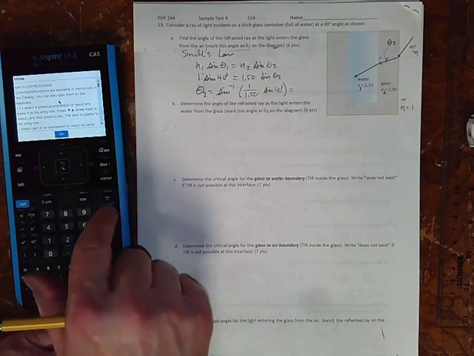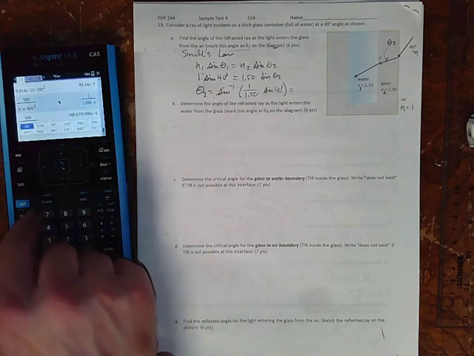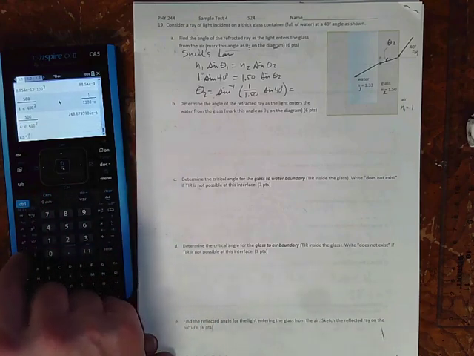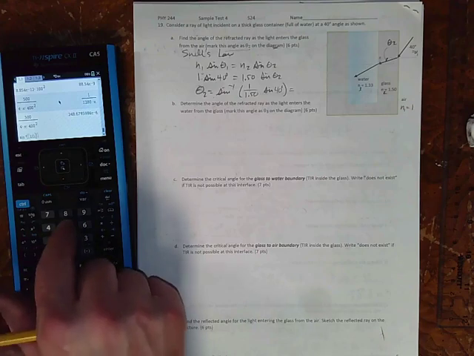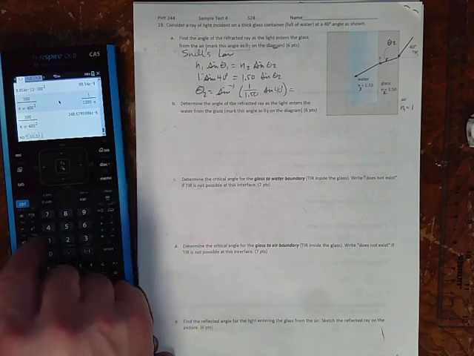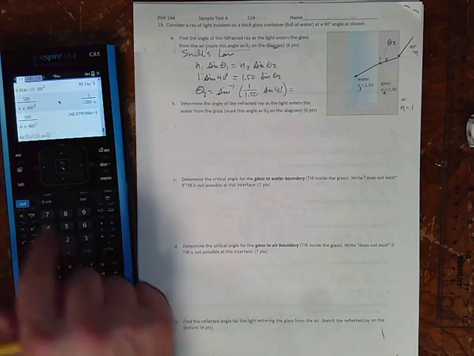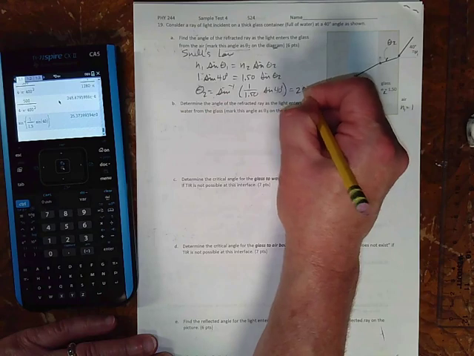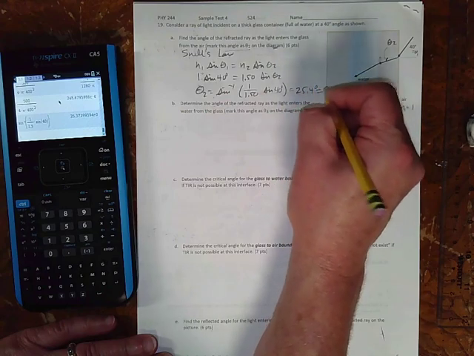Inverse sine of 1 divided by 1.5, that fraction times sine of 40. 25.4 degrees is theta 2.